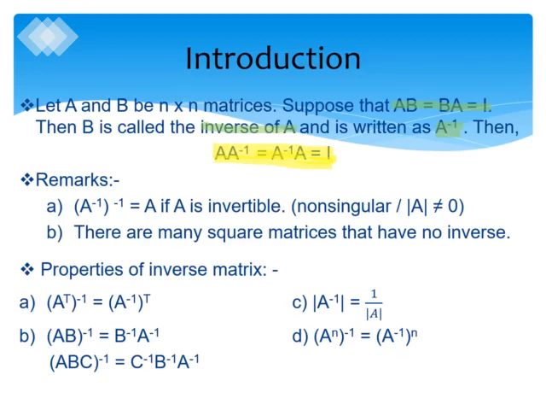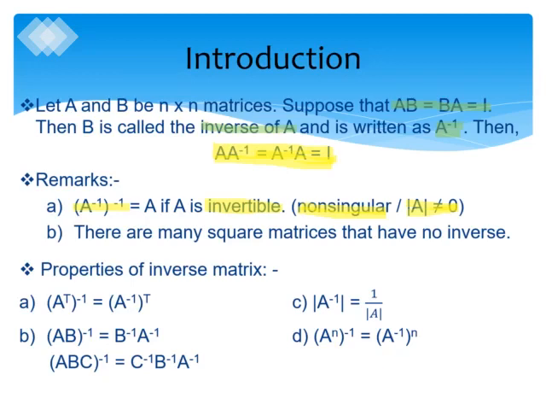Okay, we go for remark. A inverse inverse, so you inverse twice, is equal to A again. This follows if A is invertible. So what is invertible? Non-singular. What is non-singular? Non-singular means the determinant of A is not equal to 0. Why does it follow if A is non-singular?